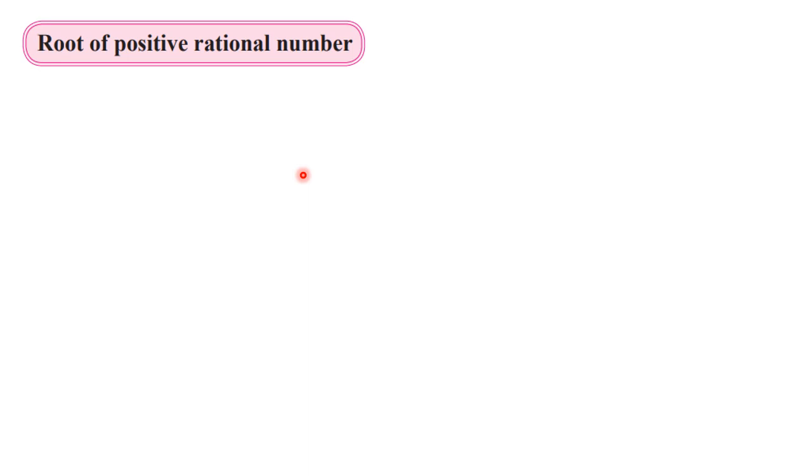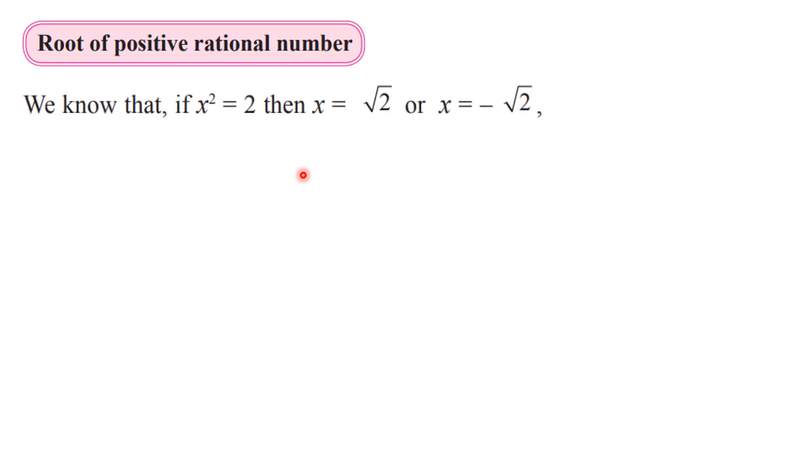For that purpose, let us take two numbers where we can compare them. Here we are taking x square is equal to 2. This is an equality. If x square is equal to 2 and we take the square root on both sides, we get x is equal to root 2 or x is equal to minus root 2.